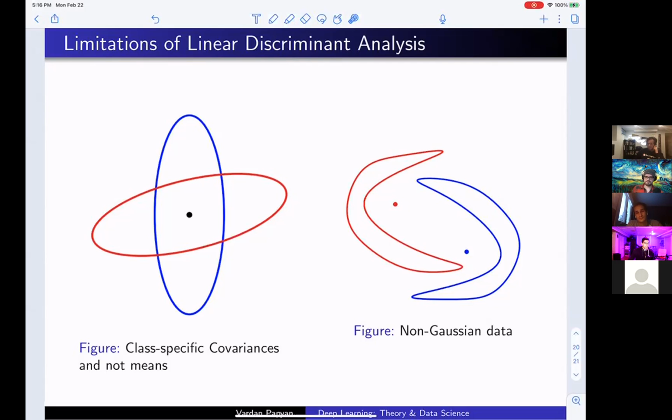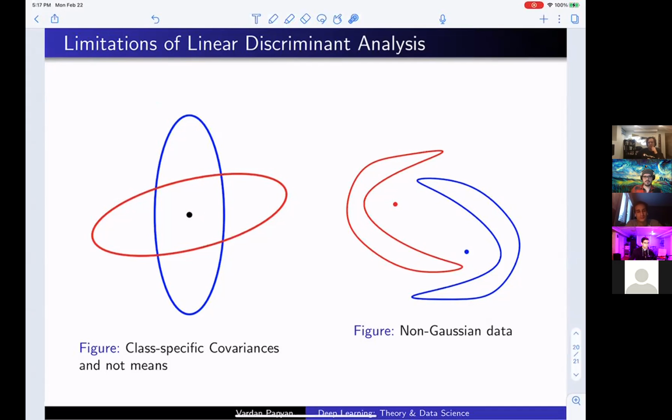Here's an example. You can see there's a blue class and a red class. Both of them have the same class mean, but they have different covariances. So if you used QDA or something like that, you would have much better success than using LDA.